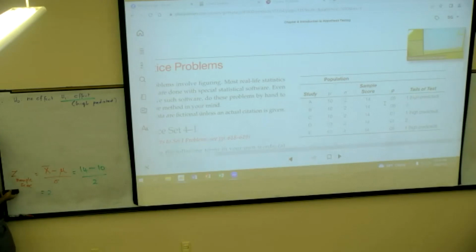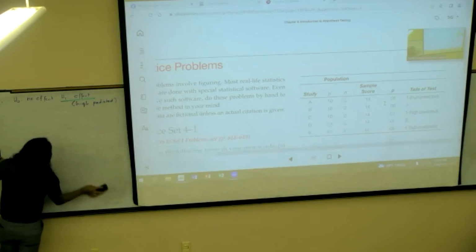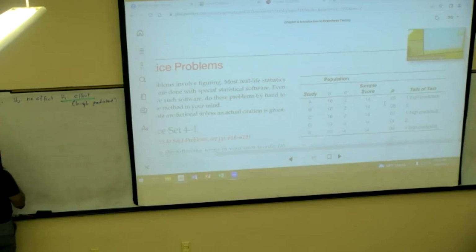We did write the formula, correct? So I'll keep space up here for the 5 studies. To draw the curves here, you'll have to draw separate curves. It is a two-tailed or bi-directional test.